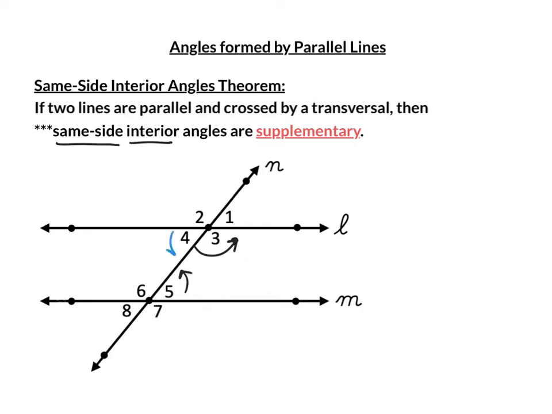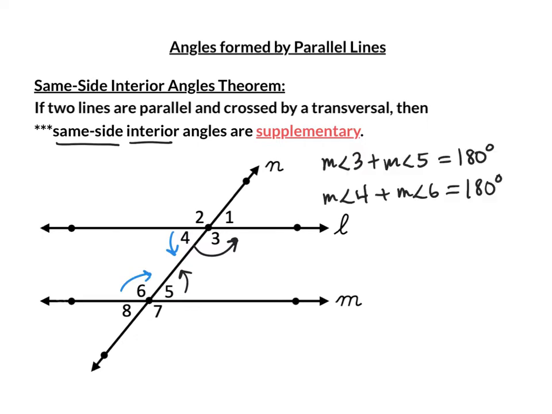And angle 4 and angle 6 are same side interior. You've got to keep it straight. These are not congruent. They add to 180 degrees. Same side interior angles add to 180 degrees. They're always supplementary if the lines are parallel.